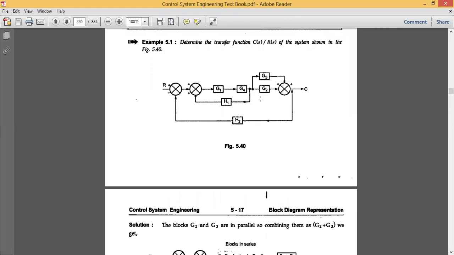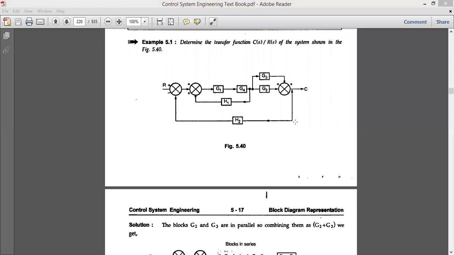Here you see the block diagram given in the figure. In this block diagram you can see many takeoff points, some summation points, and some blocks. The textbook I am referring to is Bakshi. I have shared it in the blog; you can go through it and solve more problems.